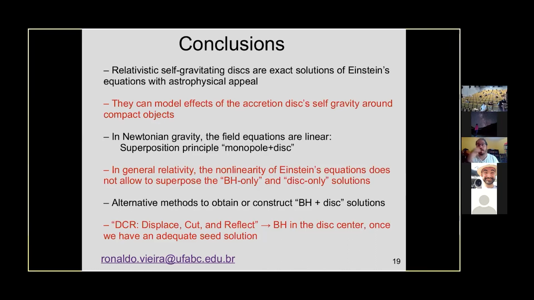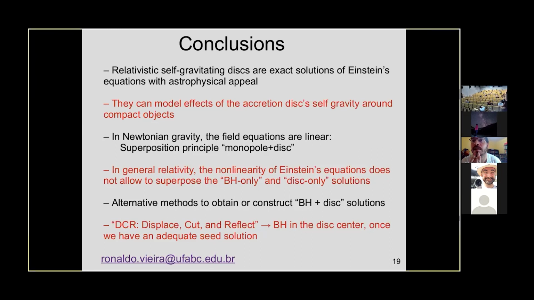I'm sorry, I didn't hear the whole question. It's not a question, it's just information. There is a kind of superposition principle in general relativity. We know there are no superpositions because the equations are not linear, but there is a kind of superposition principle.